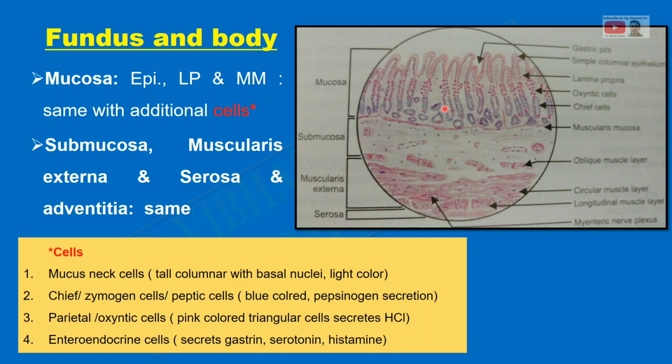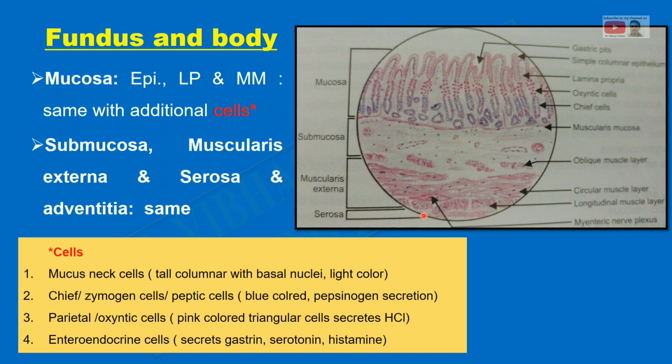Then the submucosal layer, and in between the submucosal layer and the mucosa we have a muscularis mucosa, which is made of inner circular and outer longitudinal layers. After the submucosal layer we have a muscularis externa, made of three layers: inner oblique, middle circular and outer longitudinal, and the fourth layer is the serosa.